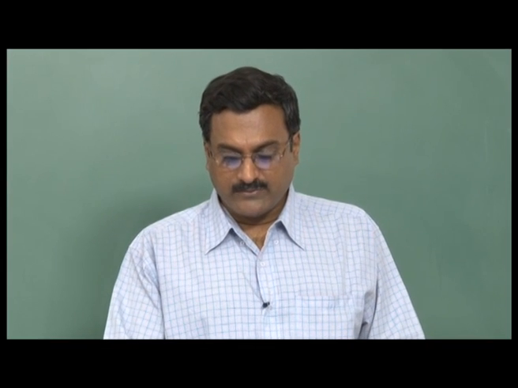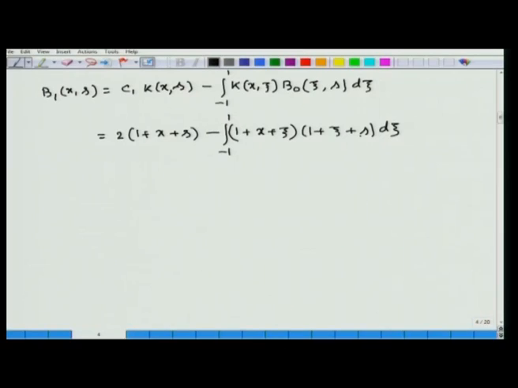So, k(ξ, s) is equal to 1 + ξ + s, and if you evaluate this integral, then it will result in -2 times (xs + 1/3). This will be the expression for B1(x, s). So, we have obtained B1(x, s).